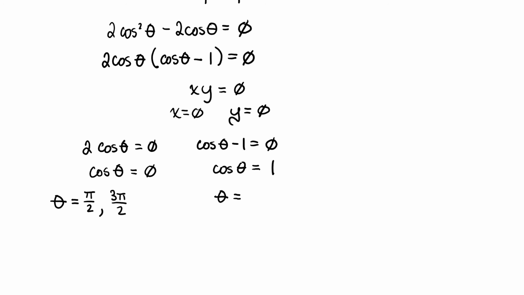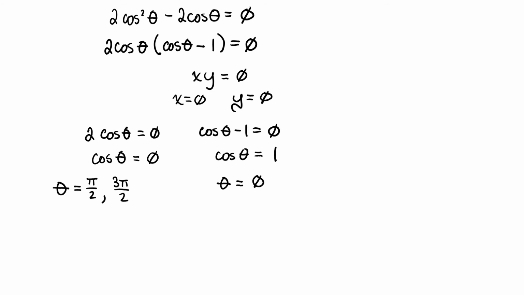Well, remember, cosine theta oscillates between -1 and 1, and it reaches 1 at its maximum point. Cosine is 1 at 0, and that's it. So it looks like our solution would be 0, pi over 2, and 3 pi over 2.